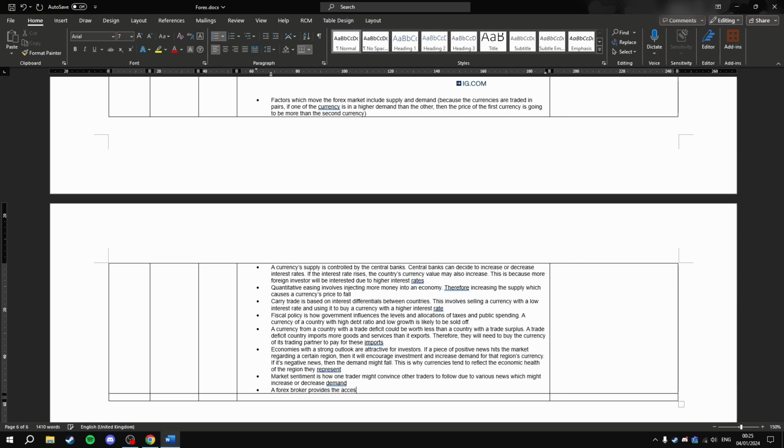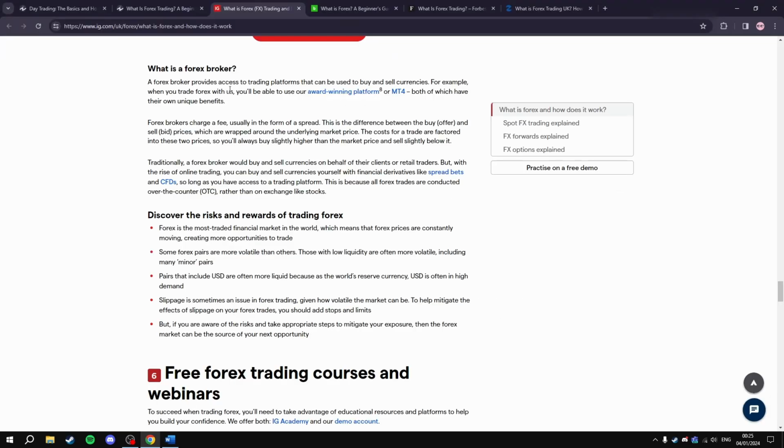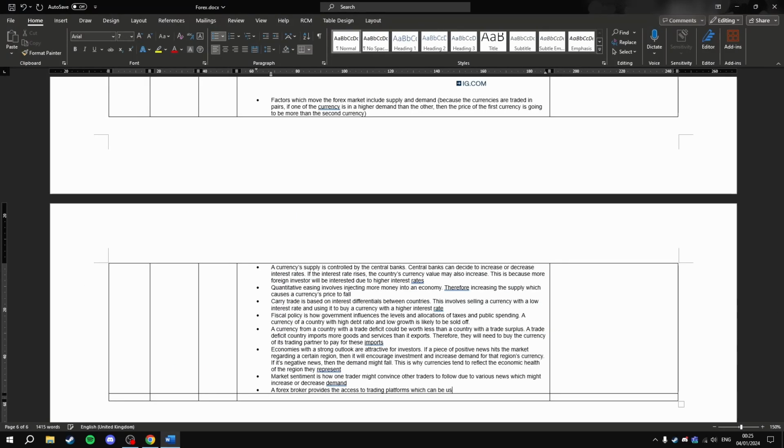provides access to trading platforms which can be used to buy and sell currencies.